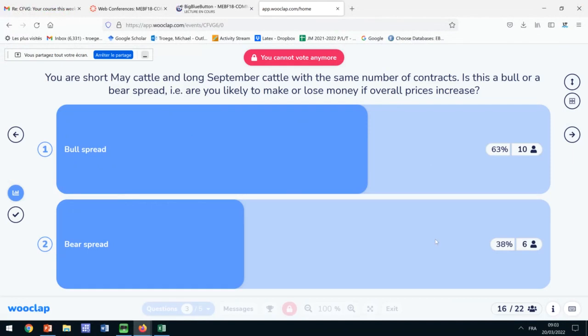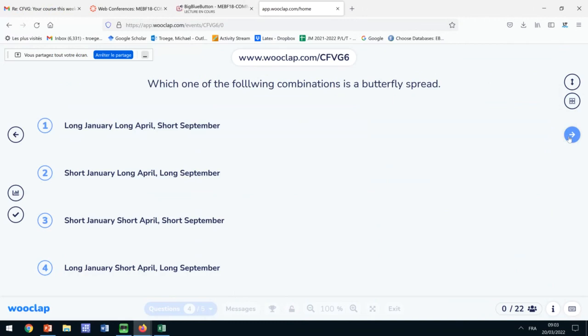So we have another 2 questions. Butterfly spread. What is a butterfly spread? Remember, that's a bet on the curvature. So we have 2 contracts in the middle and we have 1 contract on each side. Depending on the direction, we are placing a bet on the curve becoming less curved or more curved.